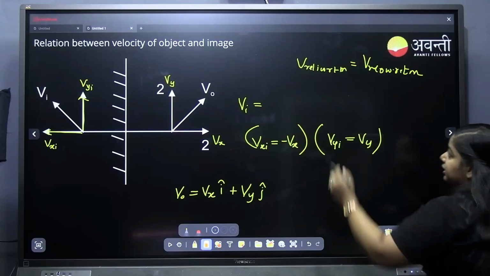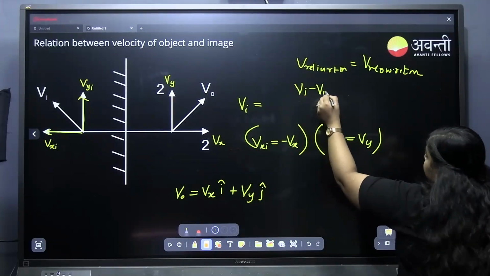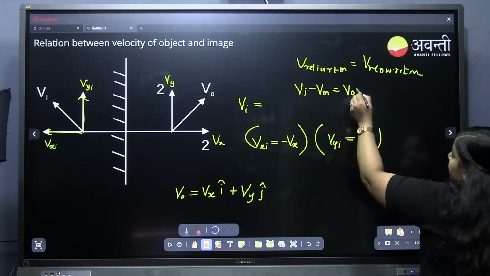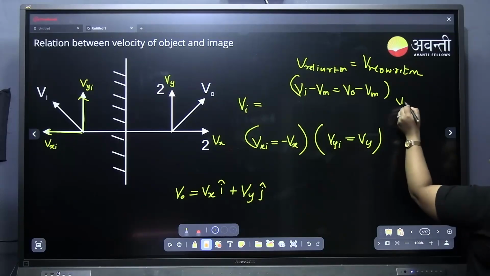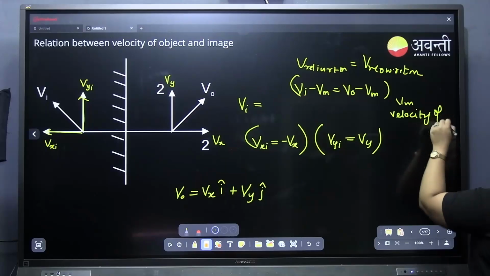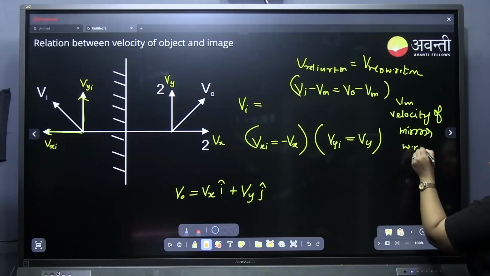Okay, so this is Vi minus Vm is equal to Vo minus Vm, where Vm is the velocity of mirror with respect to ground.